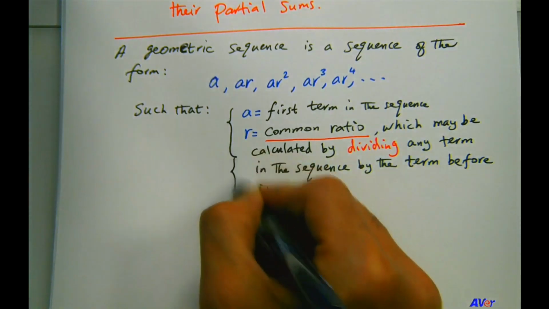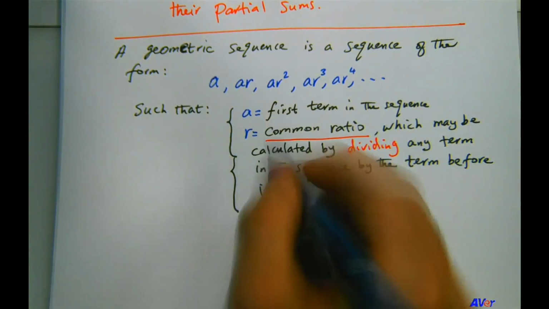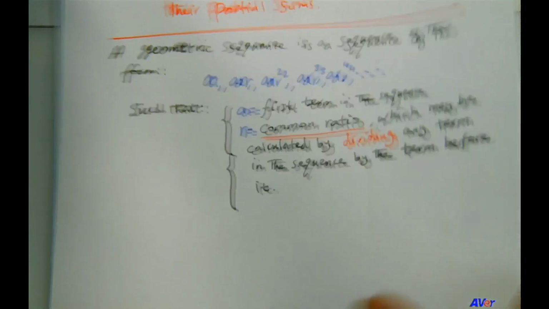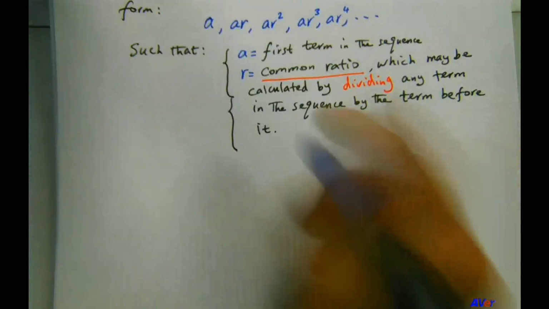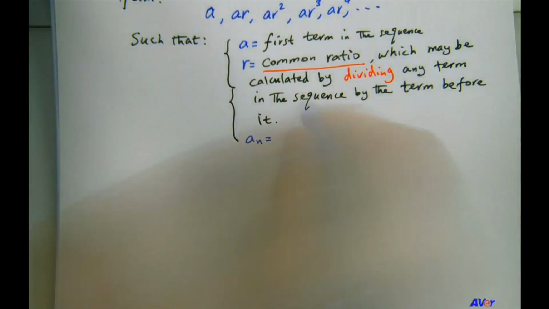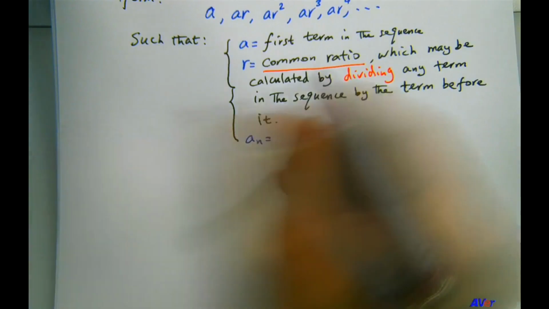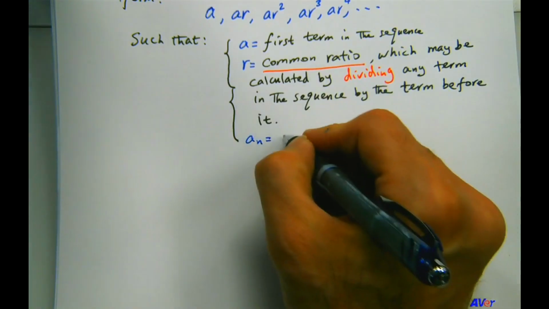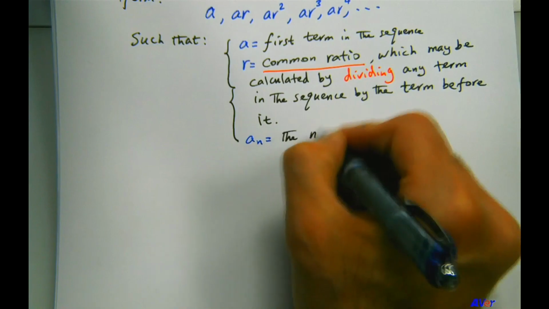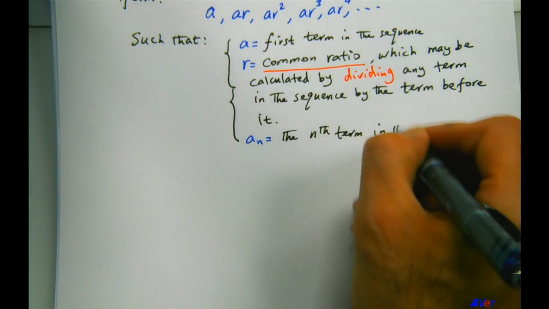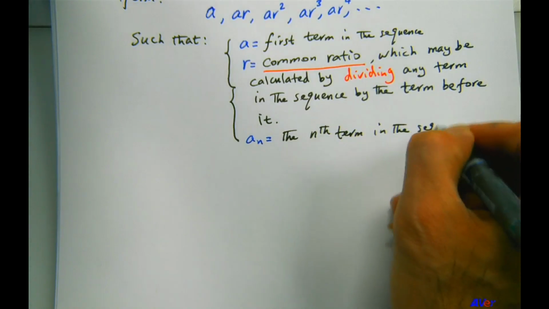And of course, a_n would be the nth term of the sequence. That's coming up actually. You're familiar with a_n from the previous section 12.2, right? So this is the nth term in the sequence.